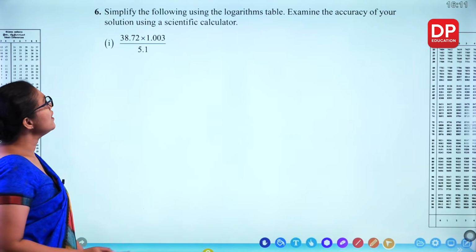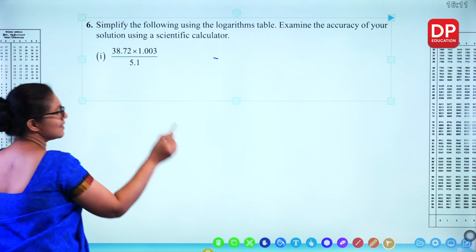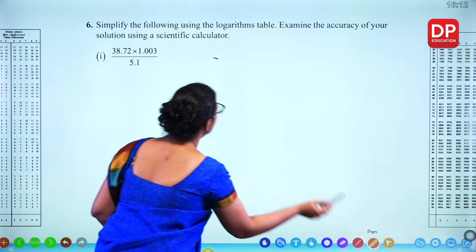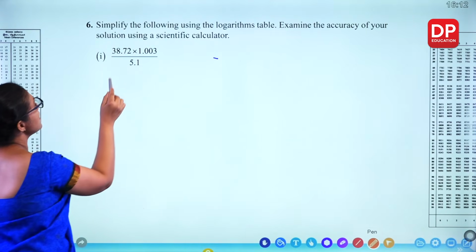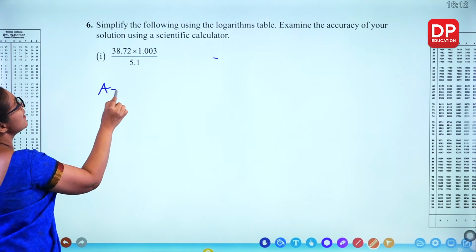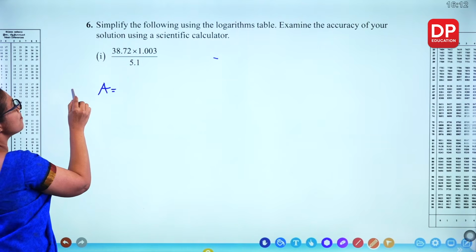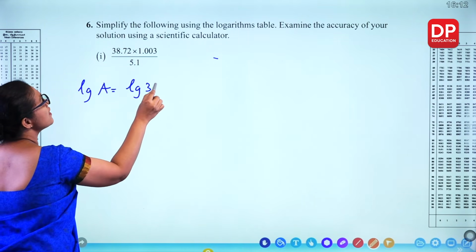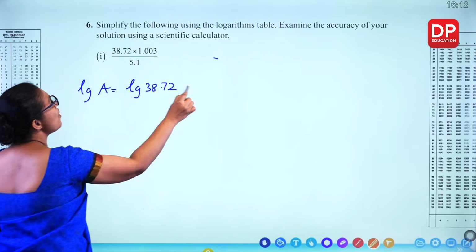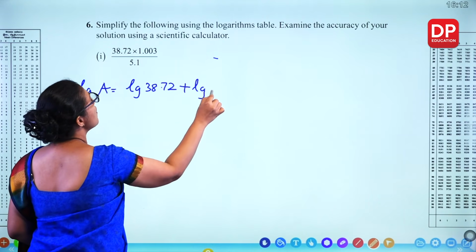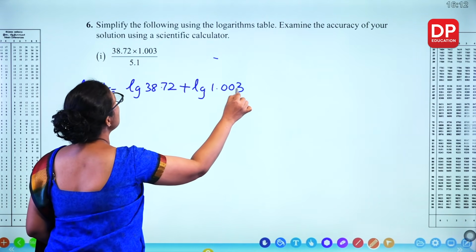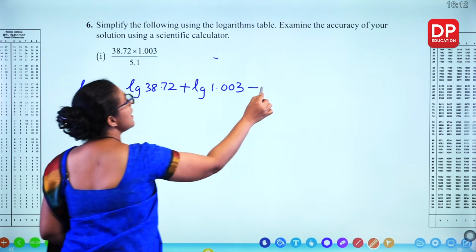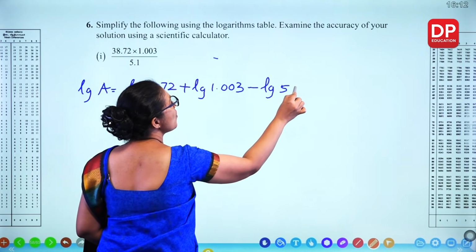Look at this question. Again, you can take this as A and take logarithm both sides. You get log A is equal to log 38.72 plus log 1.003 minus log 5.1.